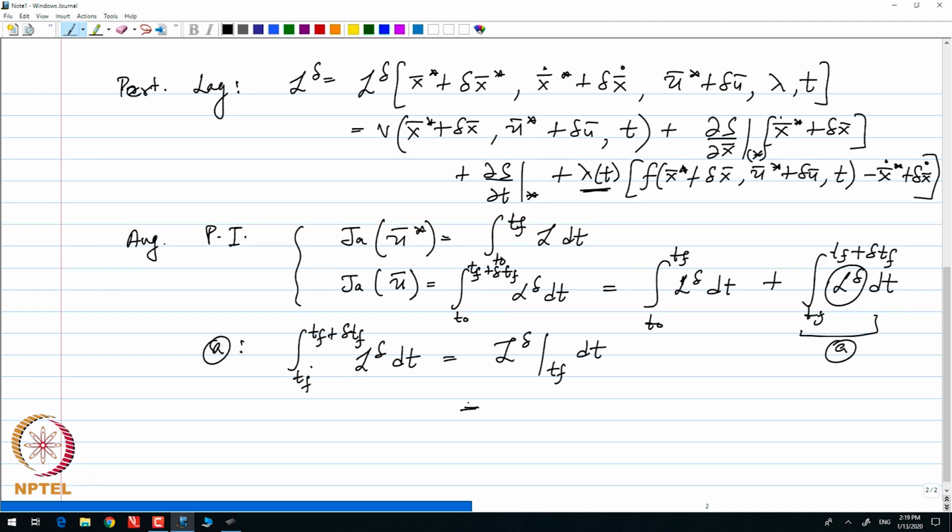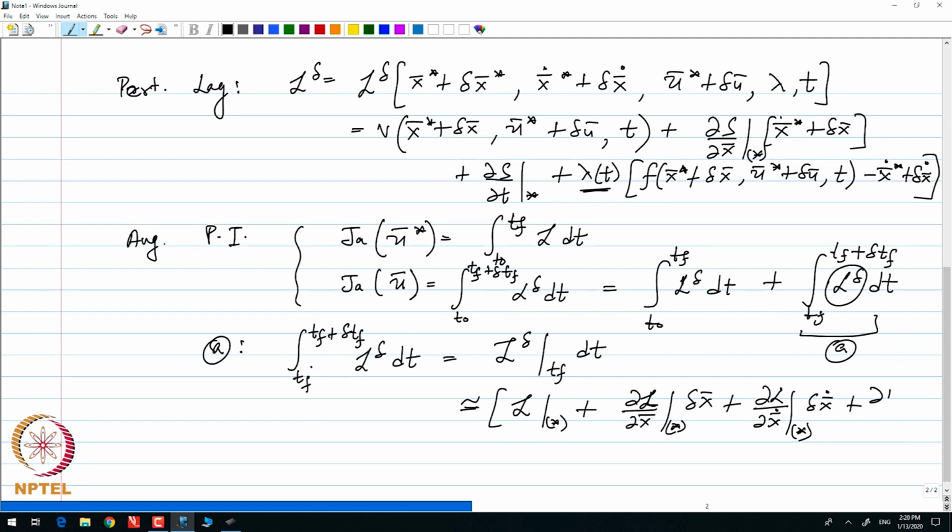Now, we use our Taylor series approximation and expand our perturbed value of the Lagrangian at its optimal value up to first order. So, that is also equal to L at star condition plus partial L partial x, also at star condition, times delta x, plus partial L partial x dot at star condition times delta x dot, and plus, notice that the only variables which are being perturbed are the state and the control variables.